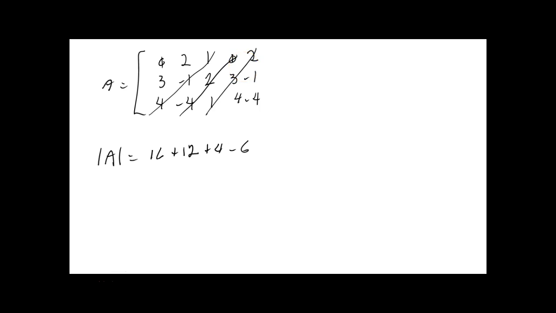Okay? Well, how I would do this is any way you can. This minus that is 10, plus 12 is 22, plus 4 is 26. Yeah, anyway, 26. Let's see what they got in the book.